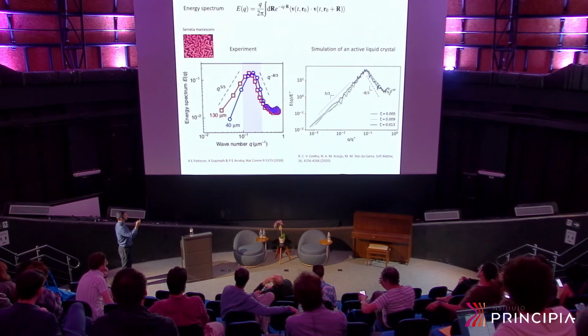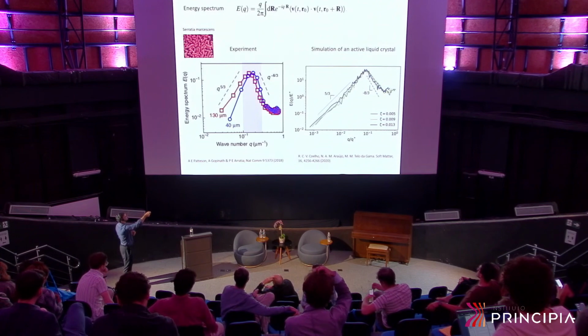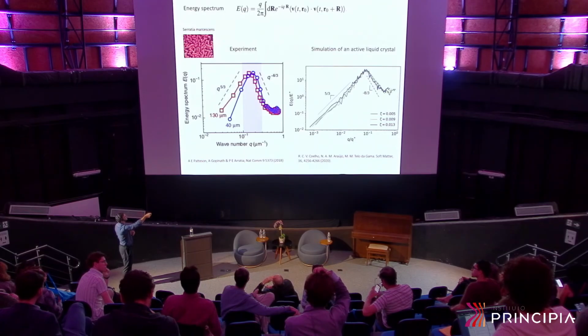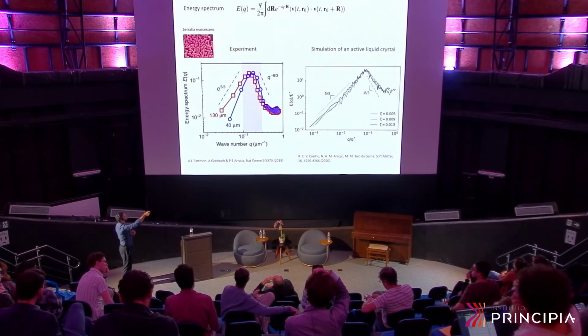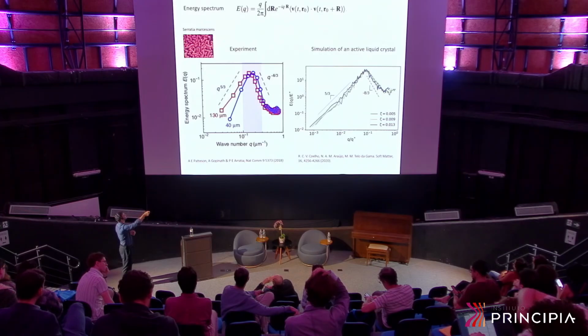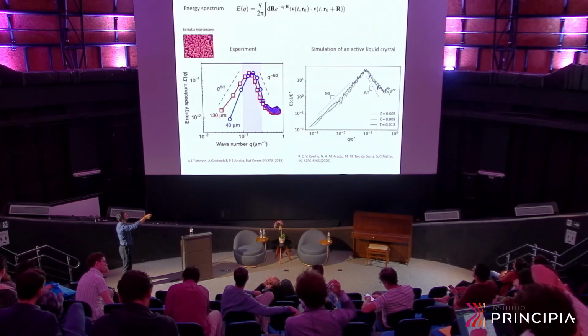So we have this decaying cascade with another power law. It's actually minus 5/3, and so in passive systems, in passive turbulence, we do have this decaying cascade.